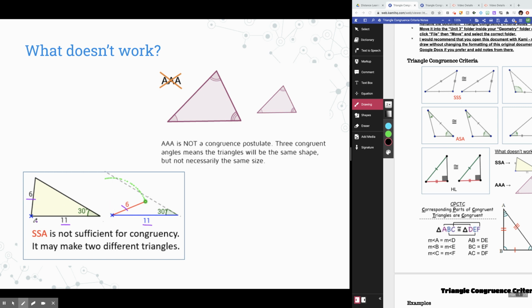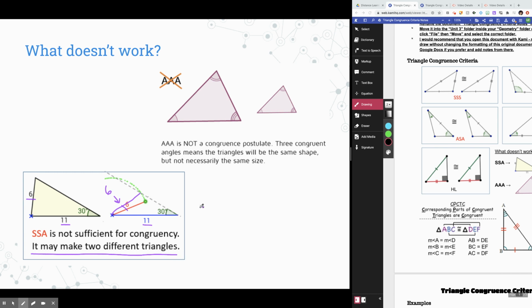Having this information means I could draw another triangle that looks exactly like this one, like the one that's filled in. But I could also take that side and swing it down so that it looks something like this, where this side length right here is still 6. So the side lengths are still congruent, the angles stayed congruent, but you have two triangles that are completely different shapes, right? So it's possible that it will make two different triangles, okay?